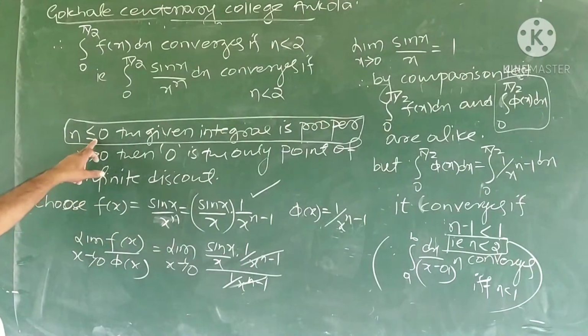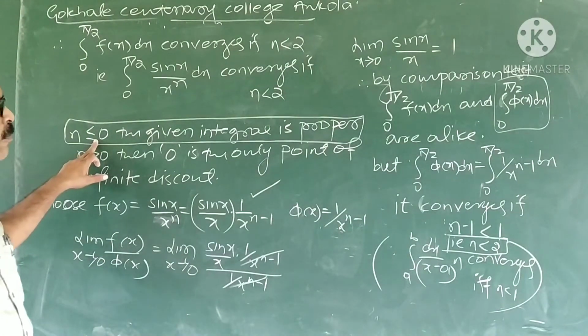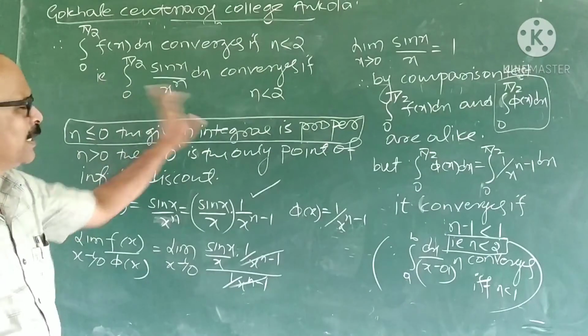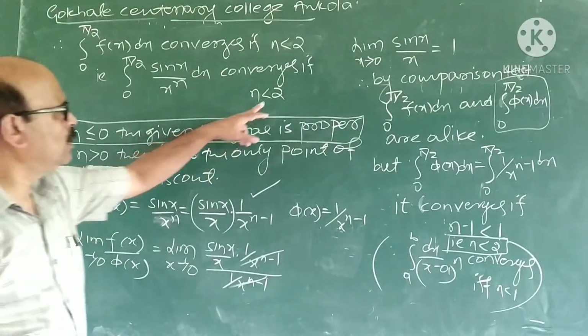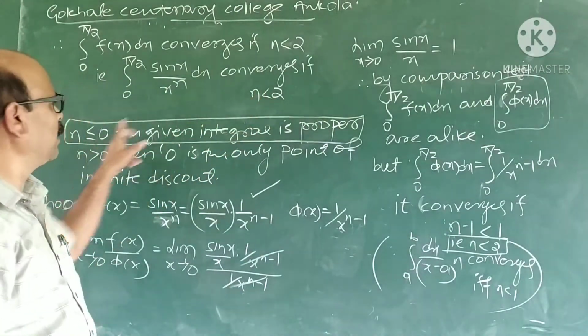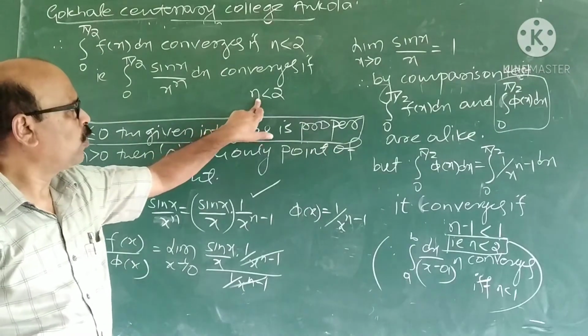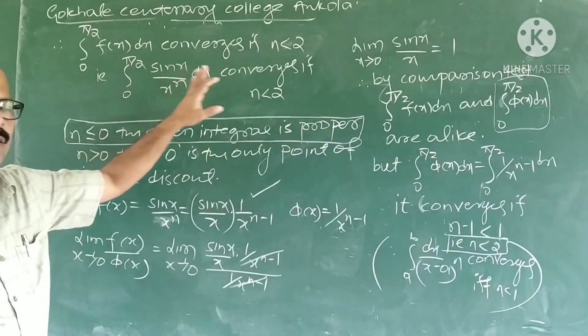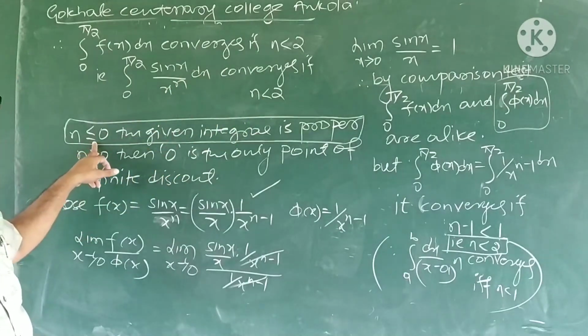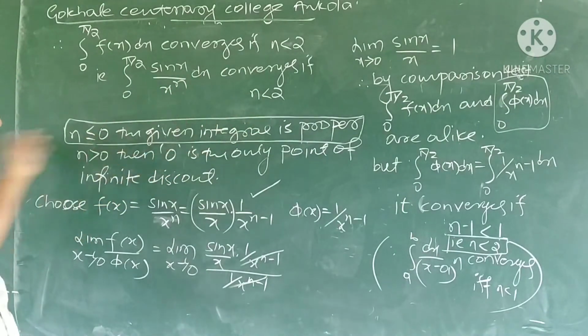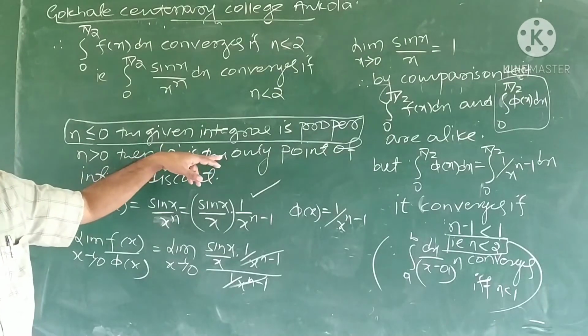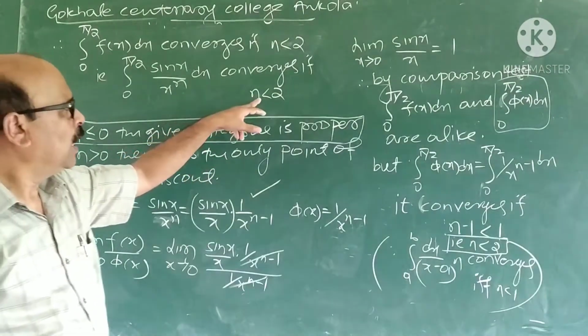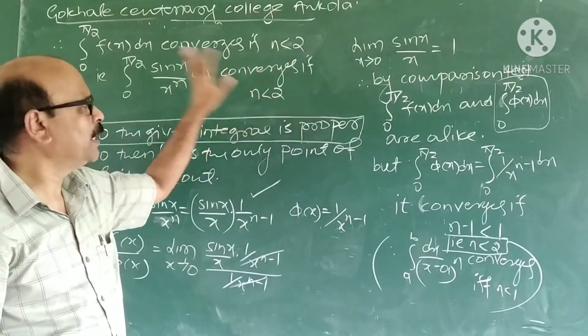Now, when n is equal to 0 also it is proper. The problem arises when n is greater than 0, but up to less than 2, it converges. Therefore, for all n less than 2, the given integral converges. And this includes less than or equal to 0 also. For n less than 0, it has become proper. So, up to less than 2, it converges.